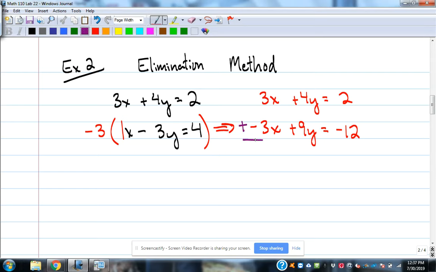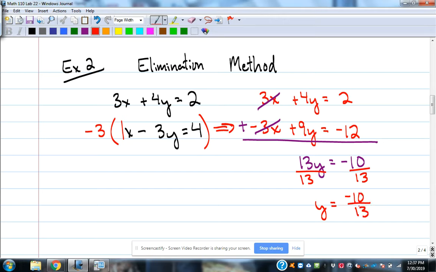Once I've done that, I can add the two equations together. Positive 3x plus negative 3x, they cancel each other out. 9y and 4y together is 13y. 2 plus negative 12 is negative 10. And then we divide by the 13 again. And there's y being negative 10 over 13.